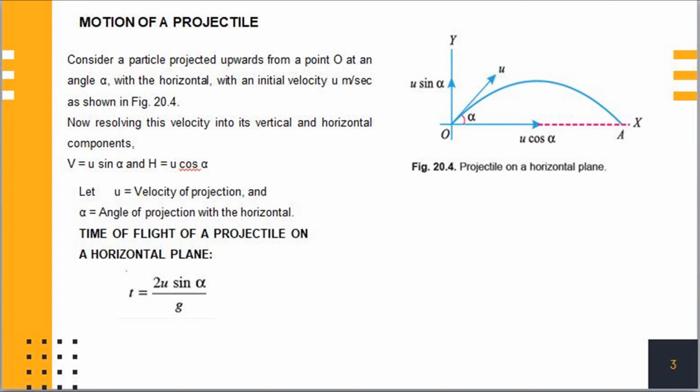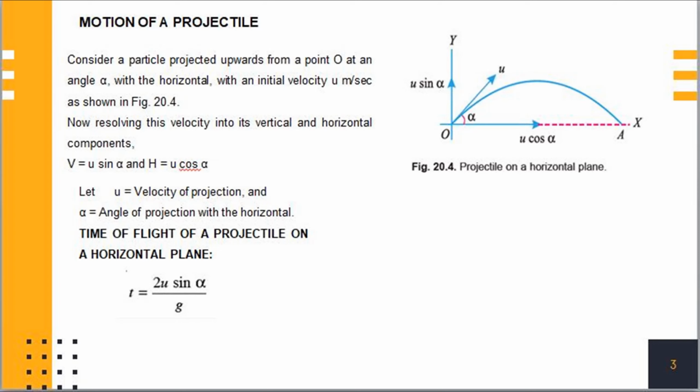The horizontal component u cos alpha will remain constant, since there is no acceleration or retardation by neglecting air resistance. The combined effect of horizontal and vertical components will be to move the particle along some path in the air, and then the particle falls on the ground at point A, other than the point of projection O, as shown in the figure.